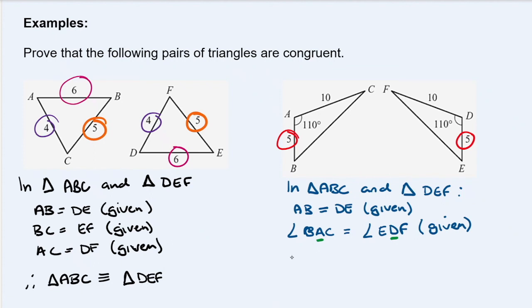And then we want AC to be equal to DF. Again, given in the diagram. Therefore, triangle ABC is congruent to triangle DEF. Literally all it takes. All the answers will be in your diagrams or easy to extrapolate from your diagrams.